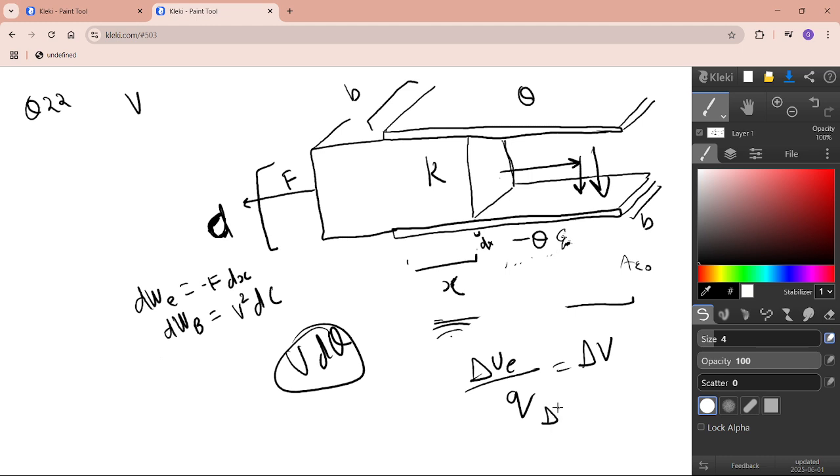Because basically the change in the potential energy of the electrons is delta V Q. That's how the potential is defined, as the work done for the charge from moving it from some point to another point without raising the kinetic energy.